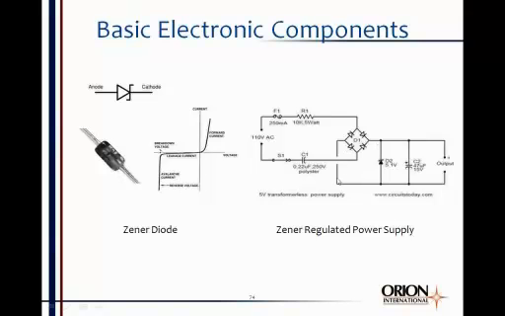If you look at the output of the bridge, this is going to be a pulsating DC waveform, okay, a full wave rectified DC waveform. I can clamp that voltage at 5.1 volts by using a Zener diode with a breakdown voltage of 5.1 volts, okay? So that means nothing's going to get past that diode greater than 5.1 volts.